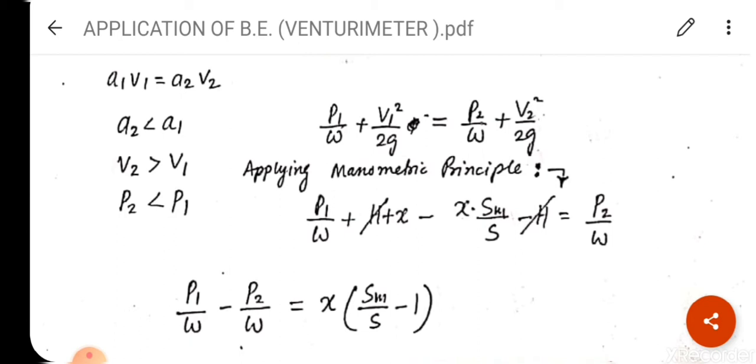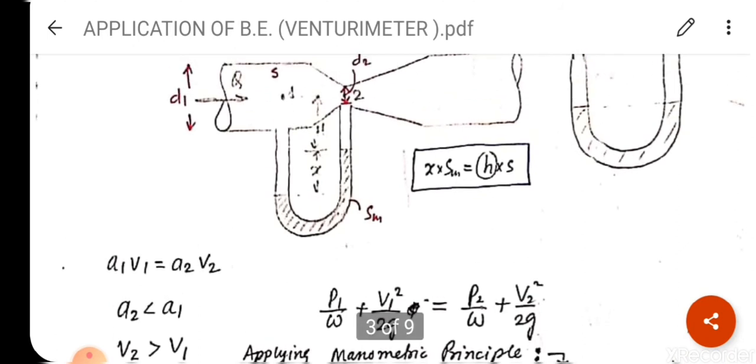So now applying the manometric principle in this case. What is the manometric principle? What pressure is acting at the first point, then the height of the column, then minus or plus as compared to the sign convention. So here P1 by W is the pressure exerted in the first limb, in the pipe. See the diagram here, I am explaining: at point 1, which pressure is there?